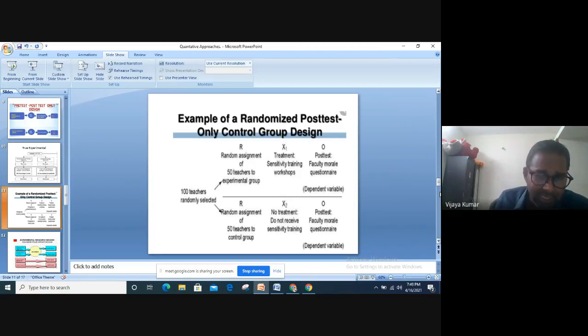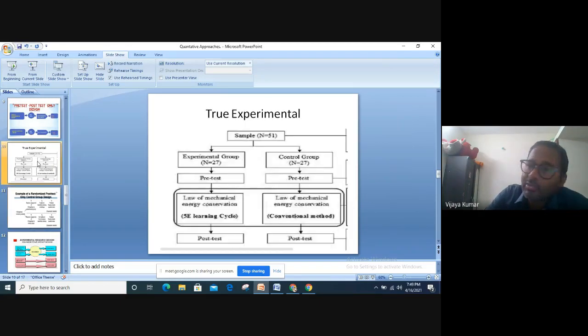This is called a single group pre-test post-test design. If you do that, this is called a quasi-experimental research design. Earlier I was discussing true experimental. I'm giving you this example because if you have a lot of limitations or no time, or if you feel it is a very cumbersome and complex process, you can just do a quasi-experimental, same group before and after.